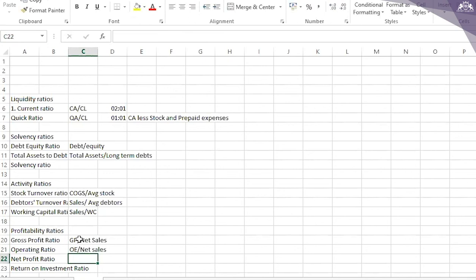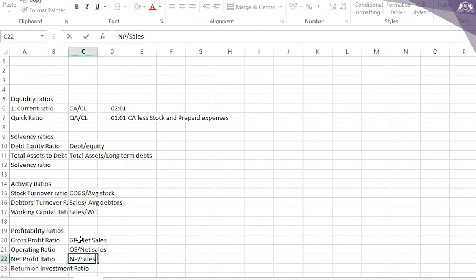That means, are your operating expenses being covered by your sales? Net profit ratio, that means net profit divided by sales.